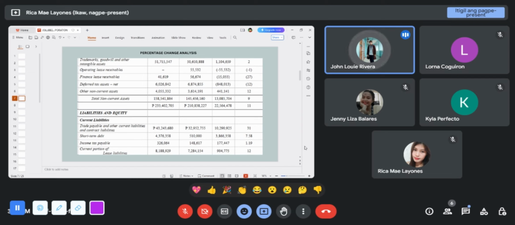Income tax payable, amount 177,447, increased by 1.19. Current portion of lease liabilities, amount is 904,775, increased by 12.